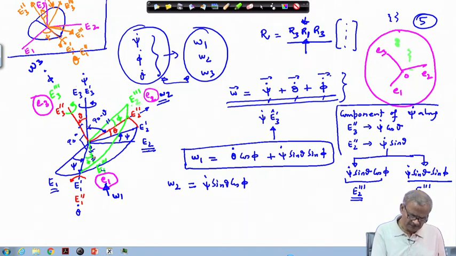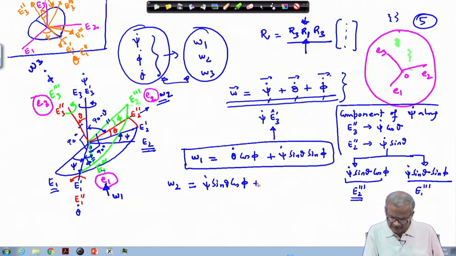From here to here this angle is phi, from here to here this angle we have written as phi, okay. And the angle from this place to this place is 90 degrees. So, the total angle, reckoning from this line to this line, is 90 plus phi.